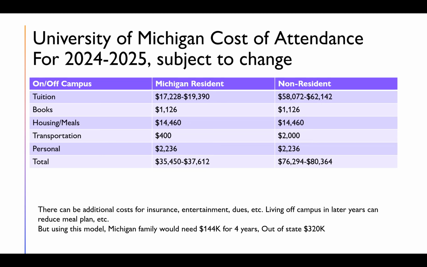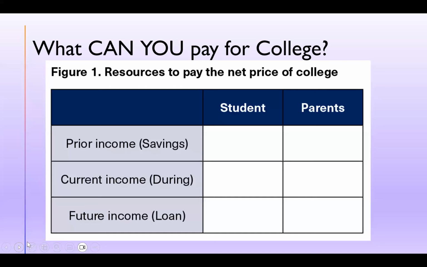The books, housing, transportation, obviously they're assuming the transportation costs are higher for an out-of-state student. And when you add up what the typical 4-year cost to attend University of Michigan would be, we're looking at $144,000 for an in-state resident and over $320,000 for an out-of-state student.